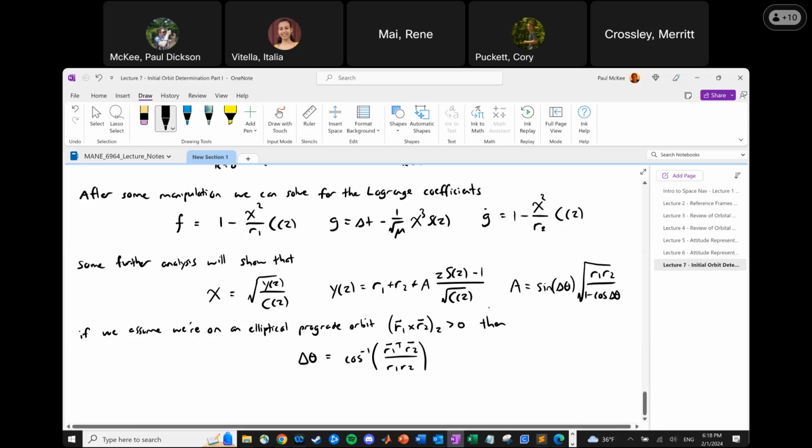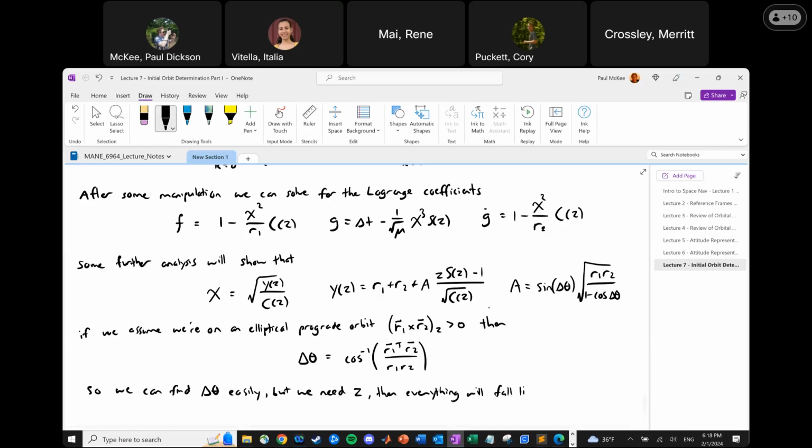So we can find delta theta easily, but we need z. Then everything will fall like dominoes.